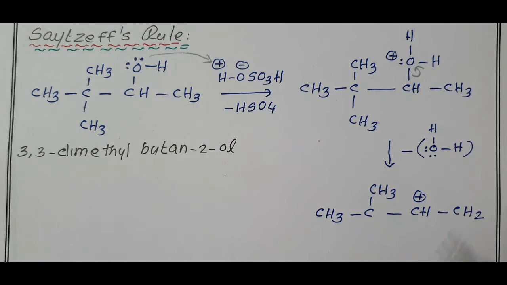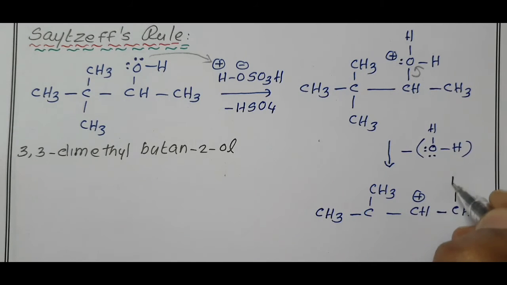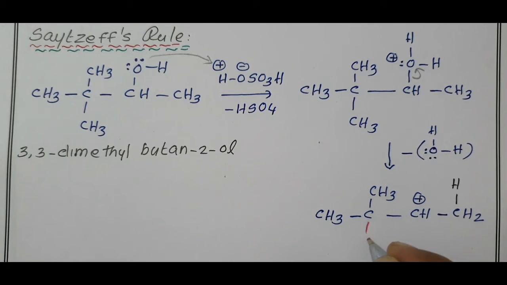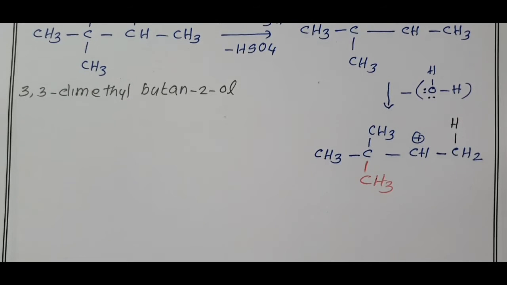One hydrogen is separated. Here you have one hydrogen, and one methyl group is present here, CH3. This is your alpha carbon, and this is beta. The right-hand side beta carbon contains one hydrogen.